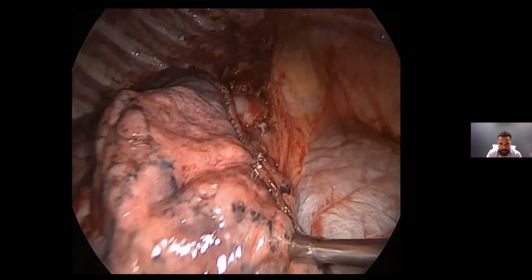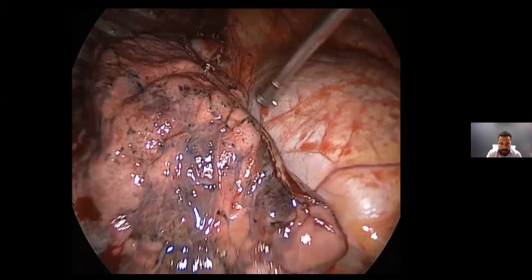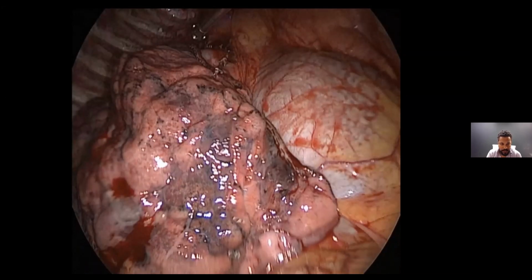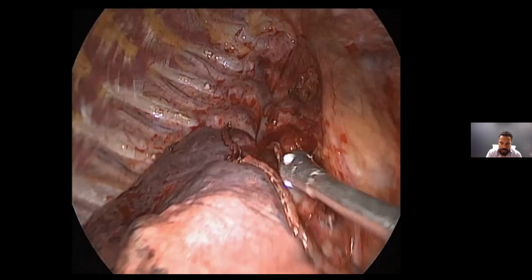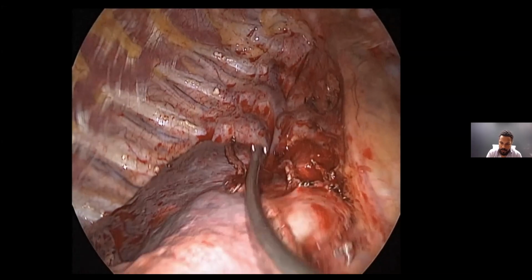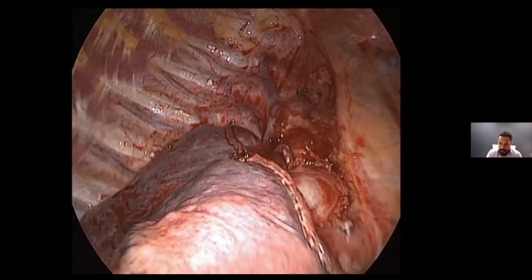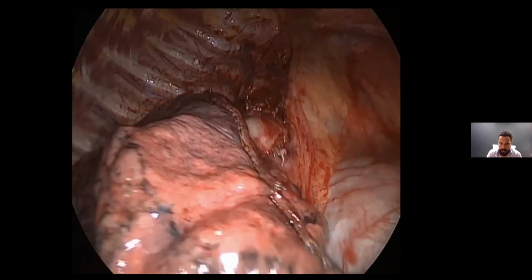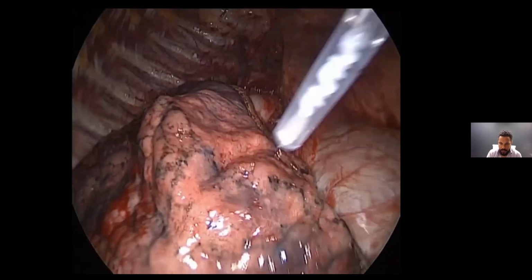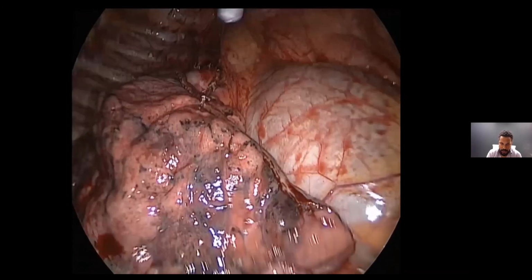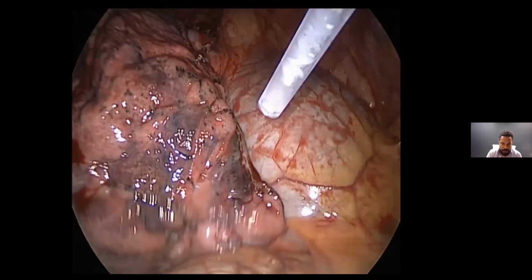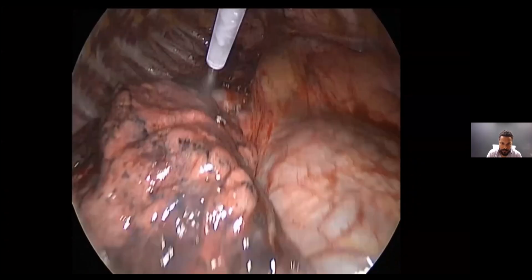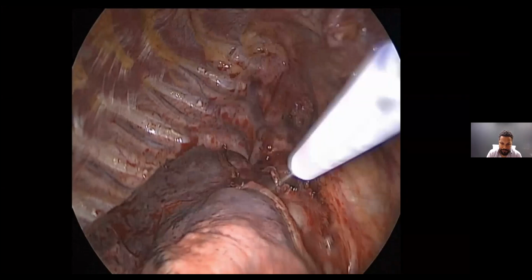So this is a right upper lobectomy performed by VATS. So we mainly perform, in case of VATS, the fissure-less technique. Sorry, there's always a bit of oozing, as you may know, on the hilum and on the area of the lymphadenectomy. So we apply the Progel on the staple line. So we try to go back and forth.